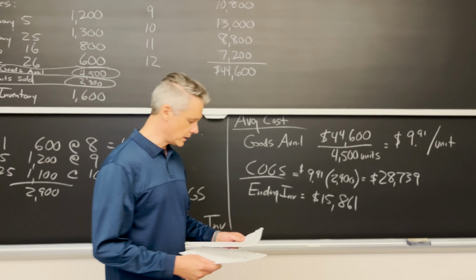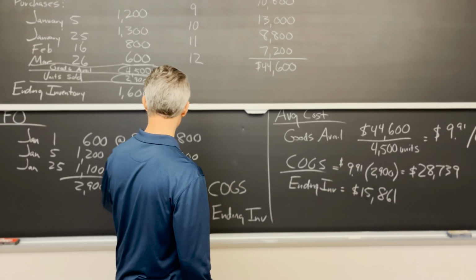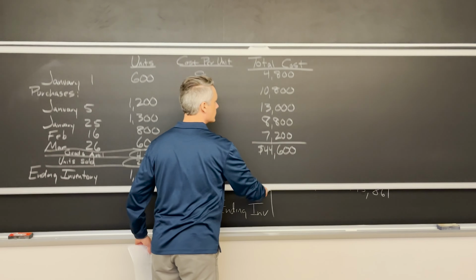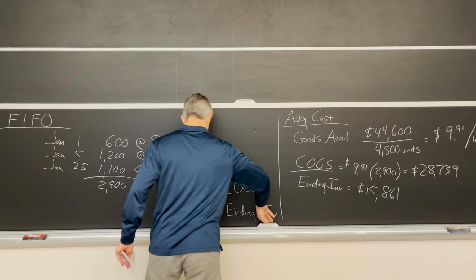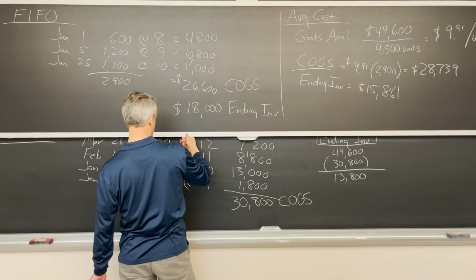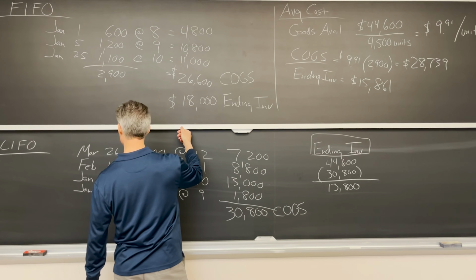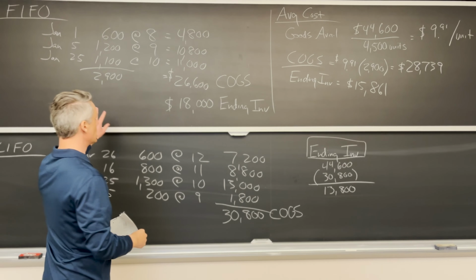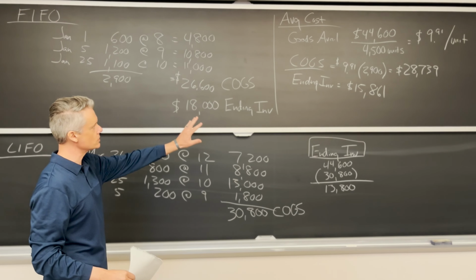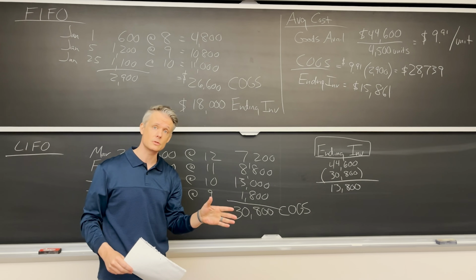Let's talk about a few items. We're familiar with this, so I'm going to make that disappear. And let's look at these three methods: FIFO, LIFO, and average cost. Let me ask you some questions.